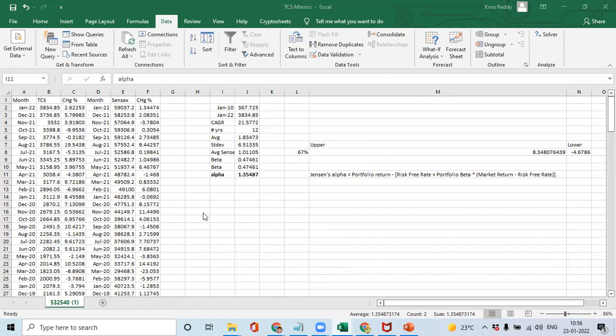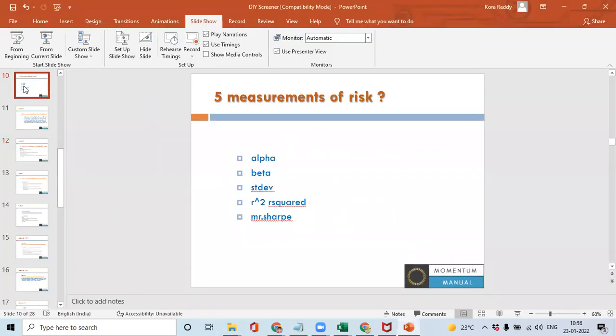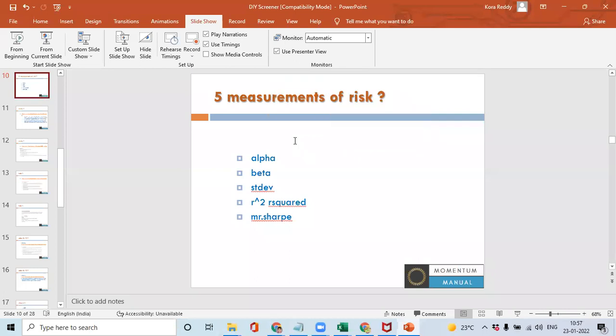Right. So you are done with alpha, beta, standard deviation. So what are the other risk metrics we need to be aware of? What is the fourth measure? R squared.